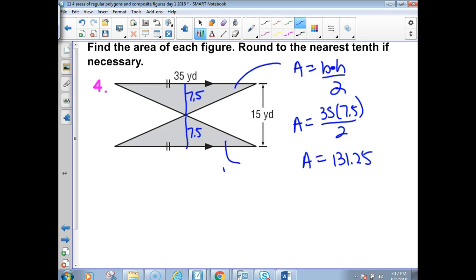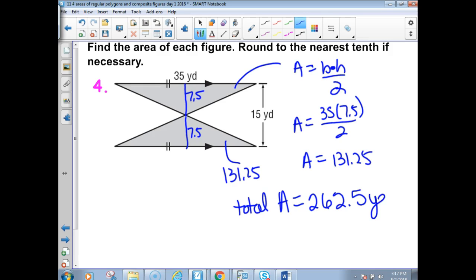So we have another 131.25 for the second one. So we have to double that. So the total area would be 262.5 square yards. You all understand what I did. I did one triangle's area. I doubled it because they were the same. Area of one triangle plus area of the other triangle.